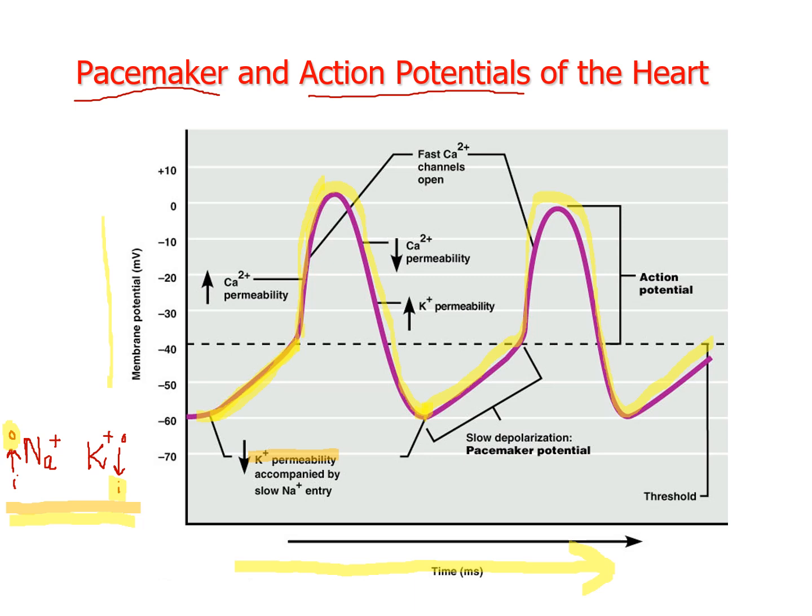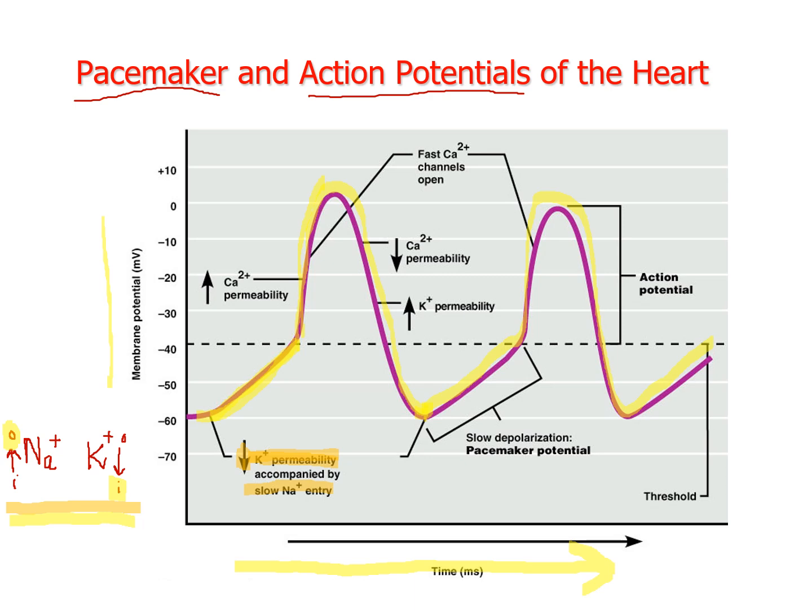lower concentration. At this point here, we have a low potassium permeability. In other words, potassium channels are not open. But you do have leaking inwards of sodium. There is some permeability for sodium, so sodium leaks into the cell.